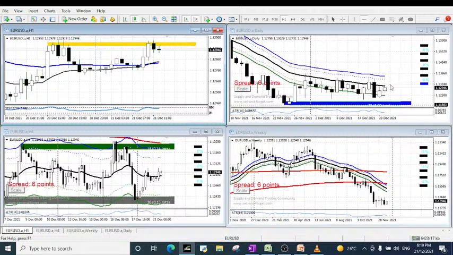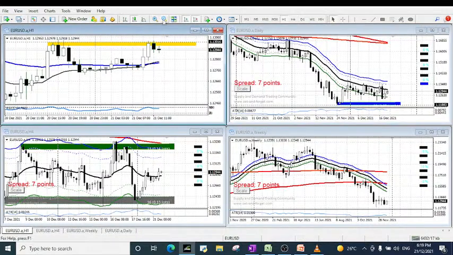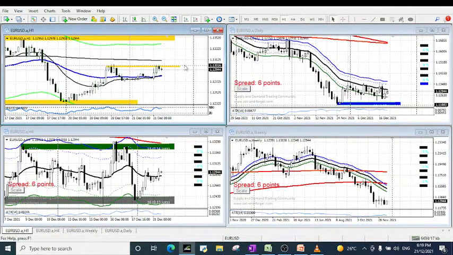It makes it very likely that this area will be tested. 130,044. And we haven't tested that. We haven't gone into that zone yet today.